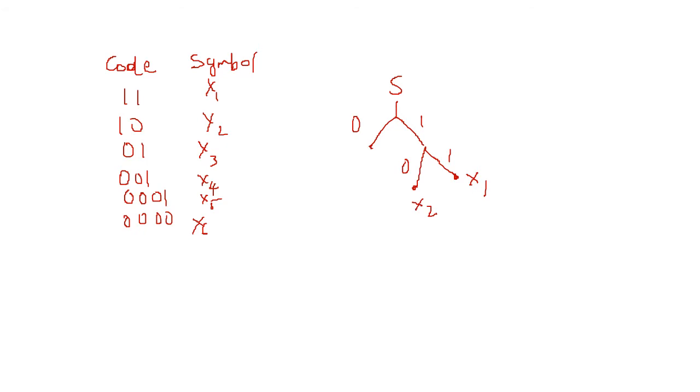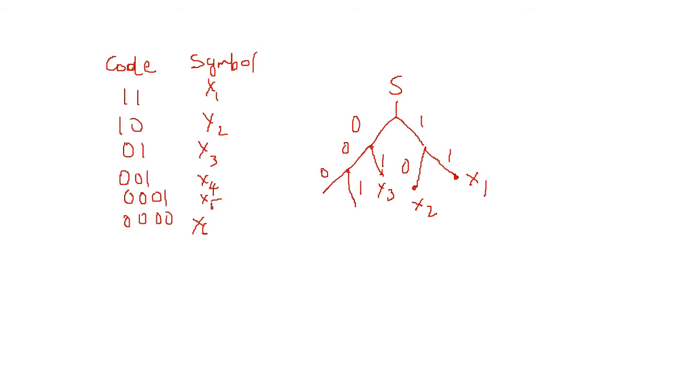Next, 0 will be branched into 2, one is 0, the other one is 1. So 01 is x3. Next, 00 has no code word, so this node we again branch into 2, and you get 0 and 1.